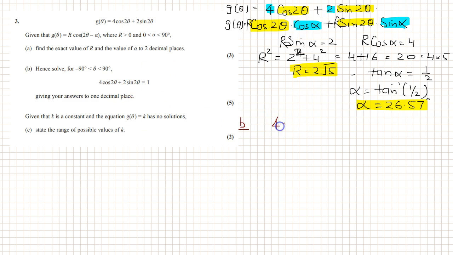Now part B is solve 4 cos 2 theta plus 2 sine 2 theta is equal to 1. 4 cos 2 theta plus 2 sine 2 theta is equal to R, so this is equal to 2 root 5 cos(2 theta minus alpha), 26.57, is equal to 1.